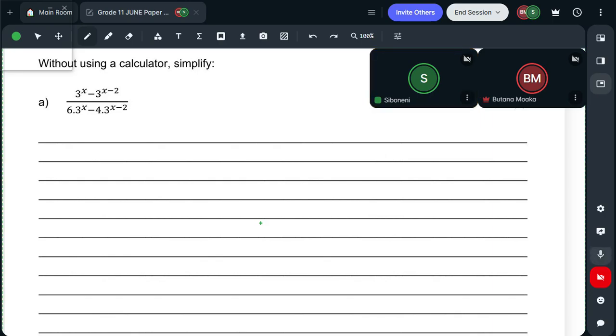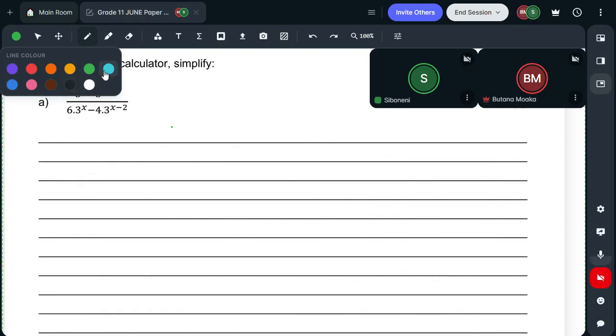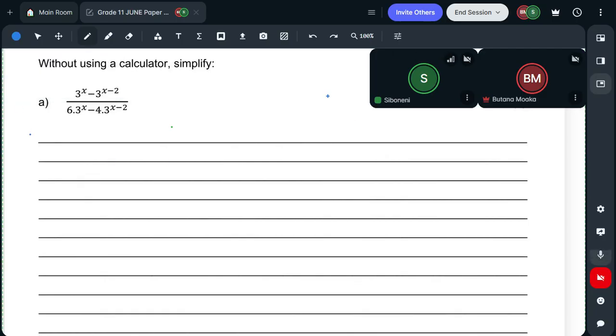Yes. Okay, let's work on this one step by step and see what we get from this one, okay? -1/5. So, I think what I'm going to do first here is, you still remember that law that we were using of separating this exponent.